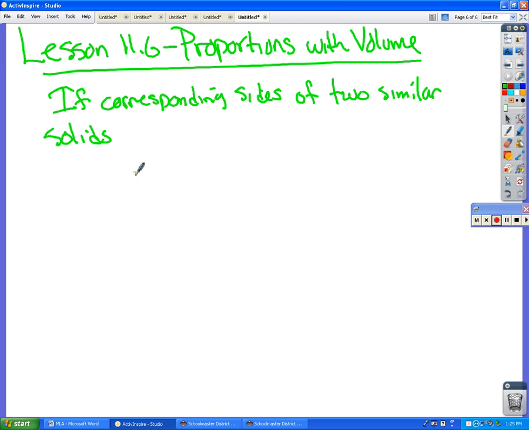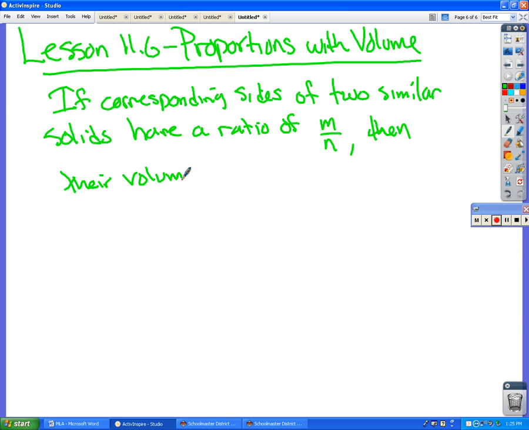If corresponding sides of two similar solids have a ratio of m to n, then their volumes, don't say it out loud, have a ratio of, don't say it out loud.